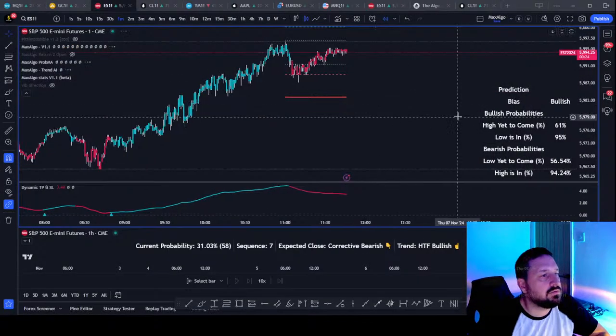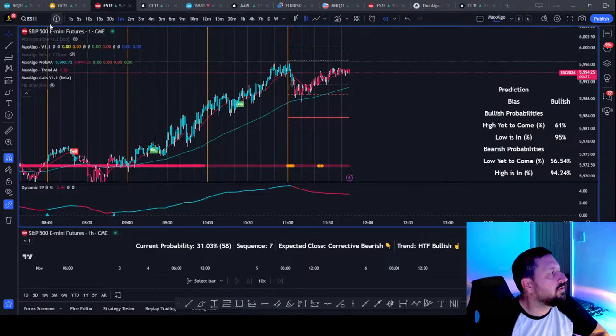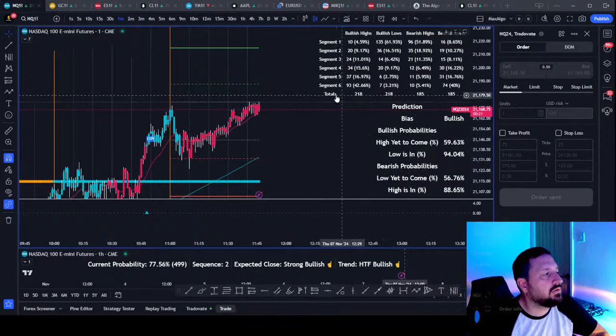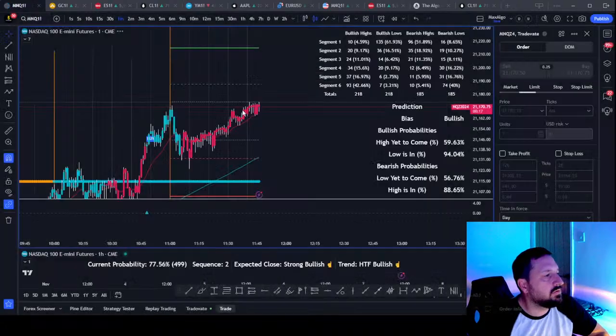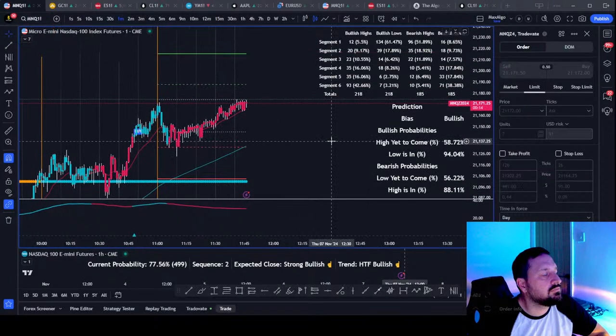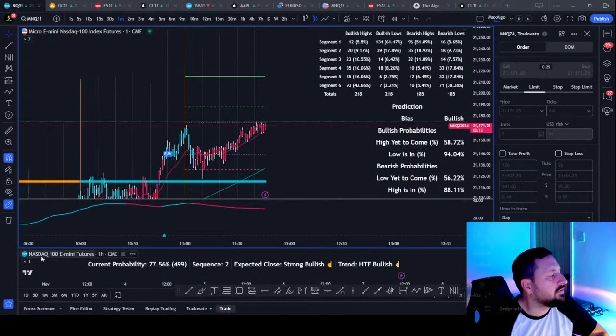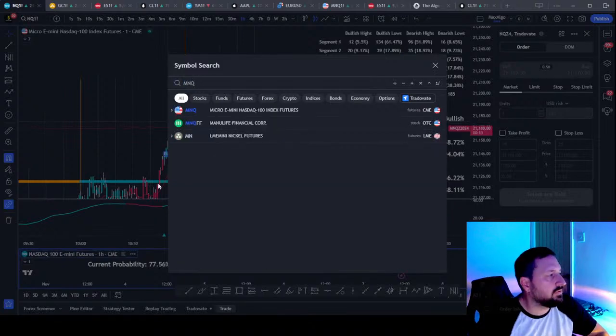Put that back. NQ. And NQ. Let's put an NQ on there as well.